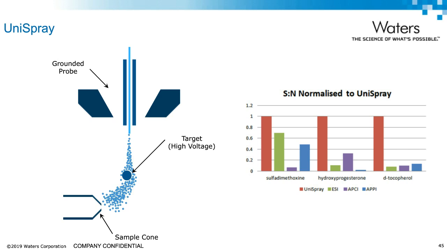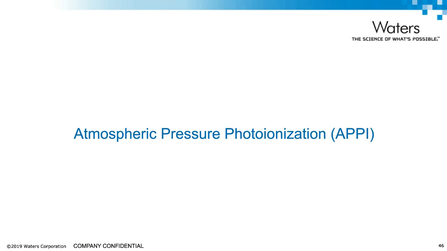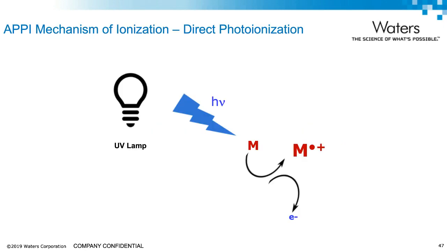But what techniques are available to an analyst if their compound is very nonpolar, where electrospray or APCI may not work? One option is APPI, or atmospheric pressure photoionization. This is a complementary technique that does not use charge to initiate the ionization. Direct photoionization can occur when UV light is directed onto the molecule.